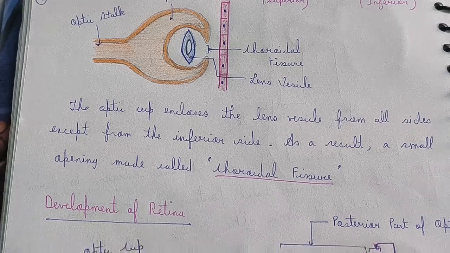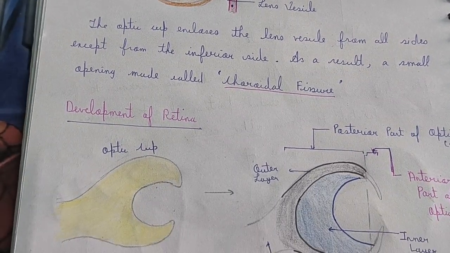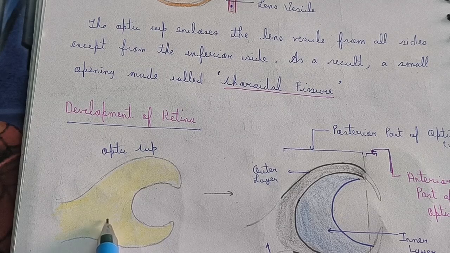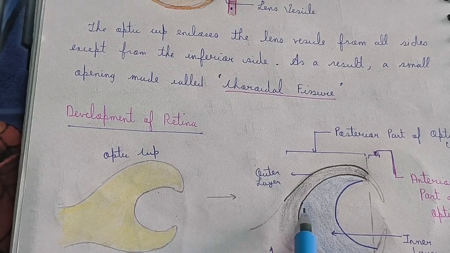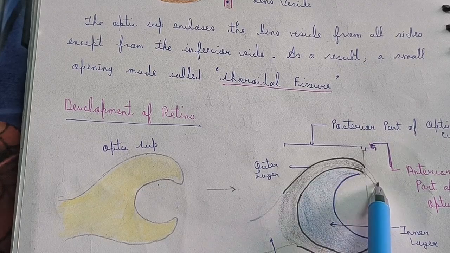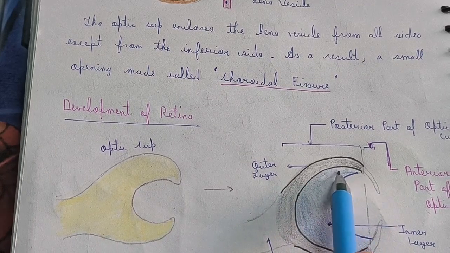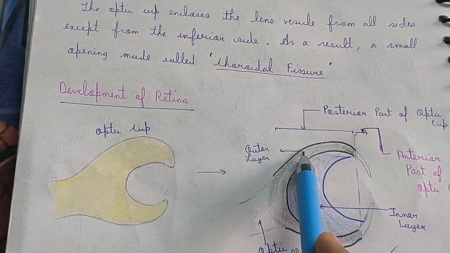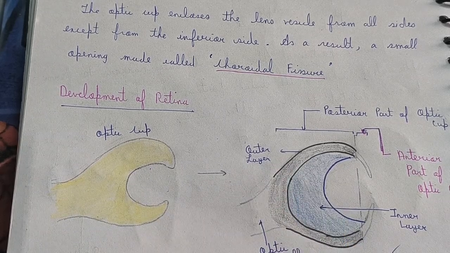Now I want to discuss the development of the retina. As you know, this is the optic cup. First of all, the optic cup is divided into a posterior part and an anterior part. Again, the posterior part of the optic cup is divided into two layers, the outer layer and the inner layer.